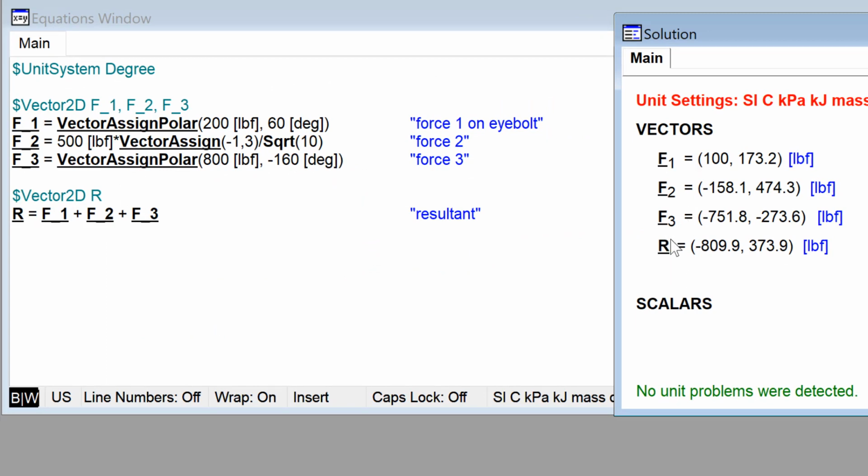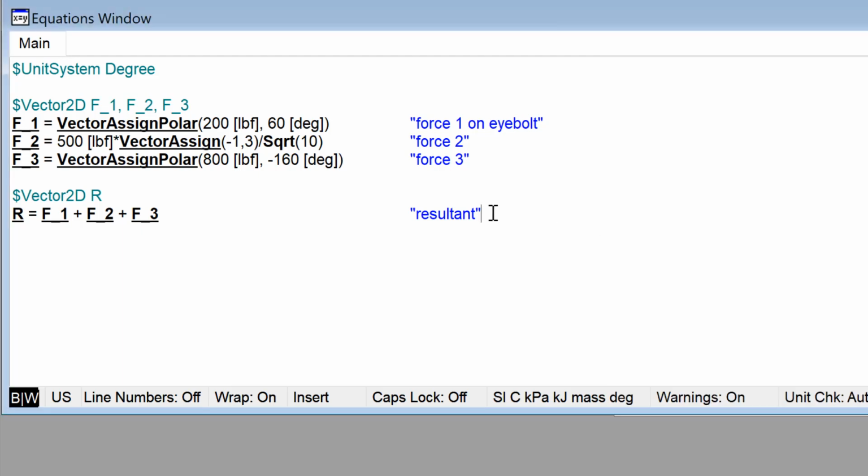If we'd like to know the magnitude and the angle of the resultant force, that's pretty easy. So we would say the magnitude of r is vector mag of r. So that's the magnitude. And the angle of r is equal to vector angle x.